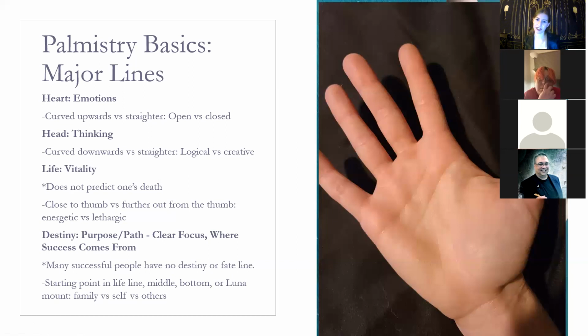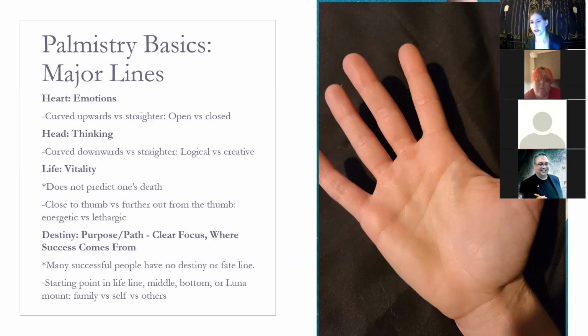I wanted to bring out this hand because it's a really good example of two things. Since we're talking about the destiny line, I'll mention that first. This destiny line is coming very directly from the Mount of Luna. So this person is going to find success, or maybe has already found success, from the support of others. This is also called the popularity line.